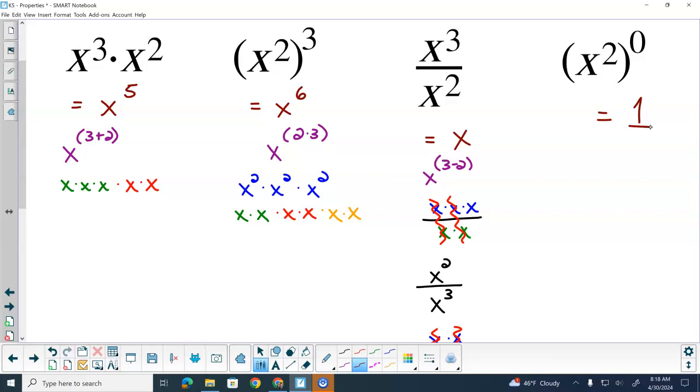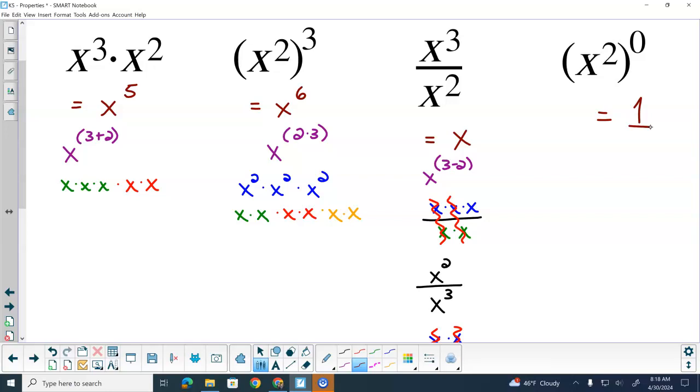Any number, any letter, any combination to the 0 power is always going to be 1. You don't have to do anything. You see anything to the 0 power, and whatever that power is controlling, that's 1 in multiplication. Yes? All right?